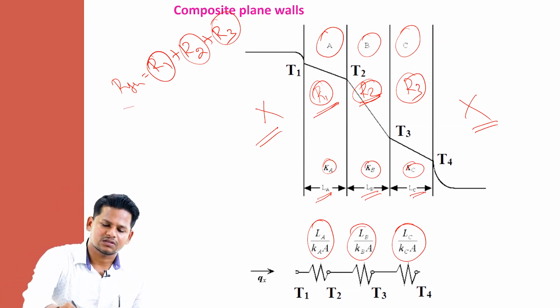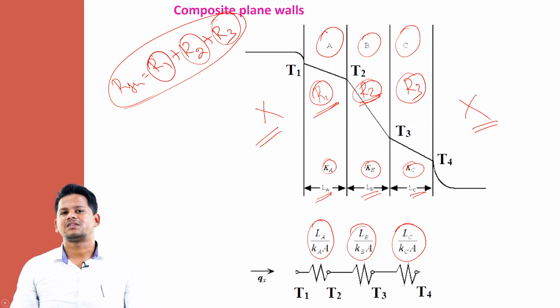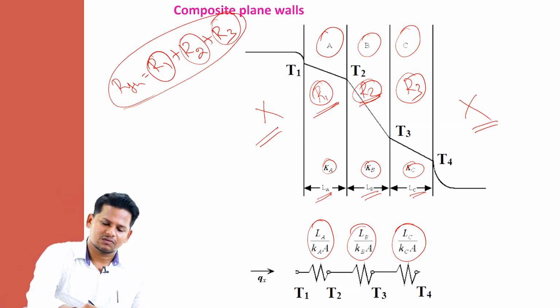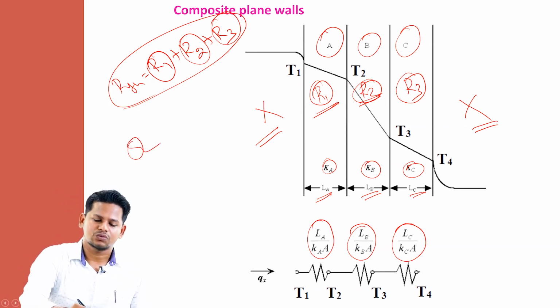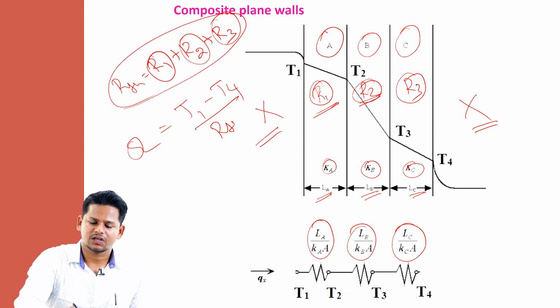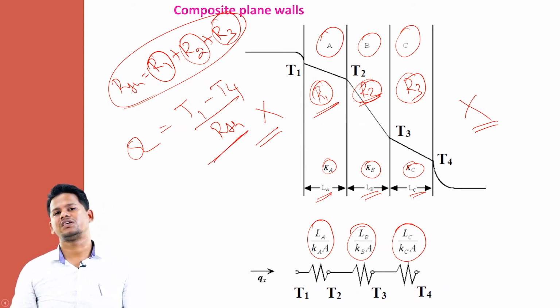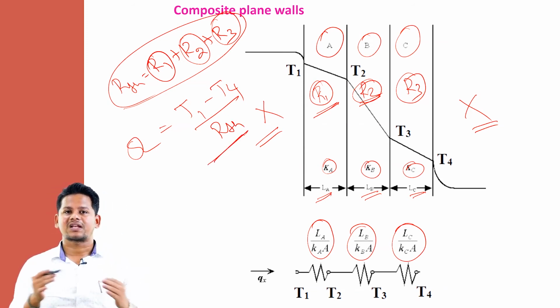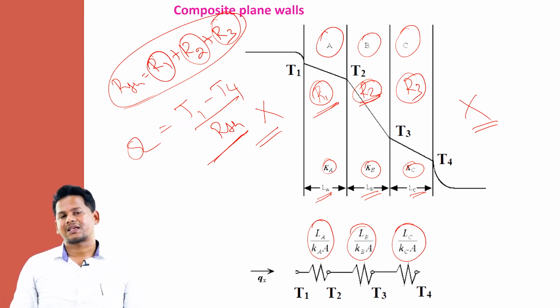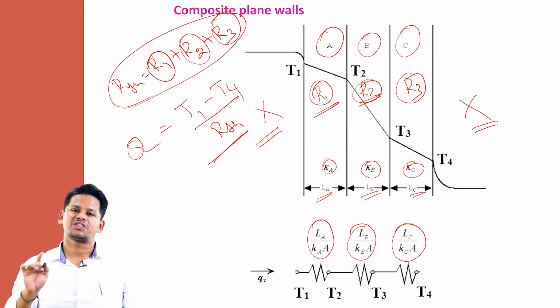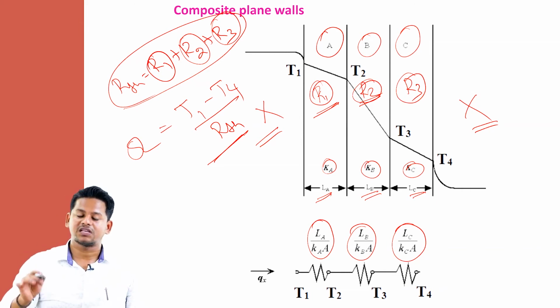Summing up all these values gives RTH. Q is the overall temperature difference, T1 minus T4, divided by RTH. Easily we can find the heat transferred via one-dimensional steady-state heat conduction across 3 composite plane walls with only conduction.